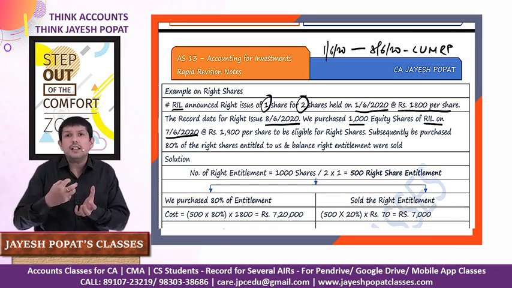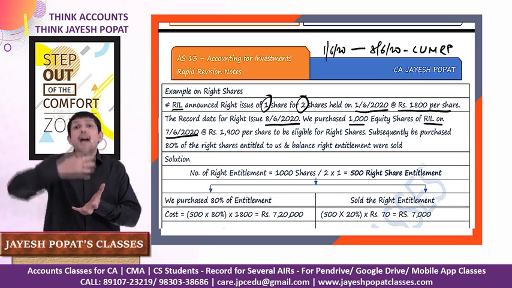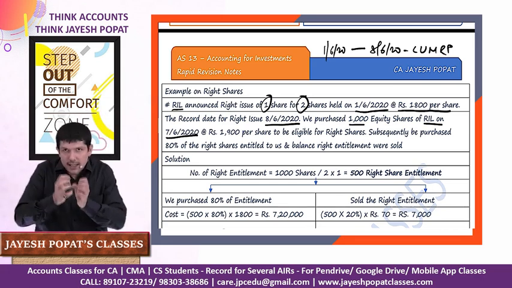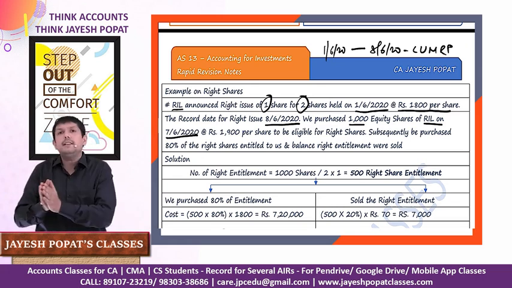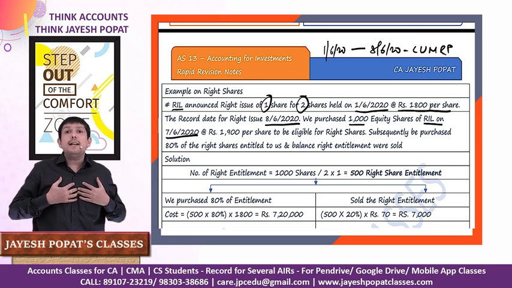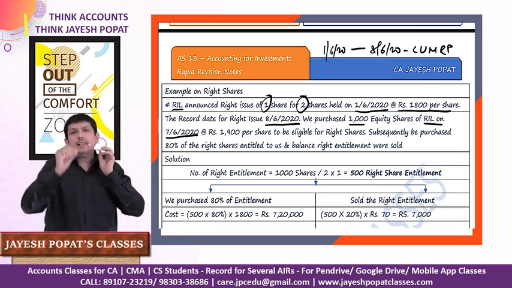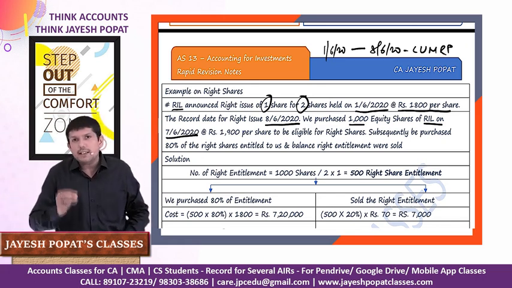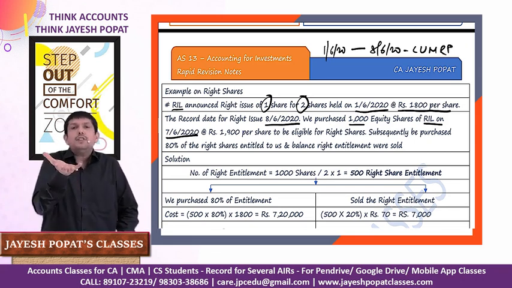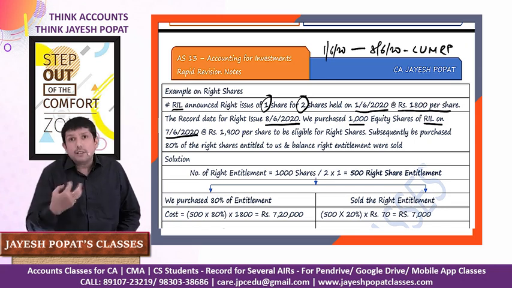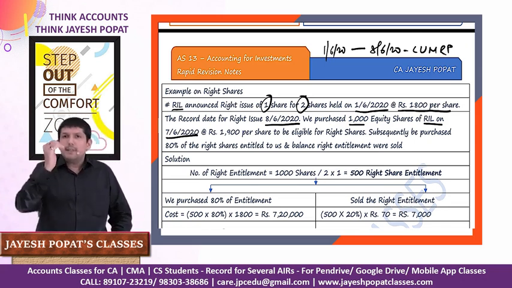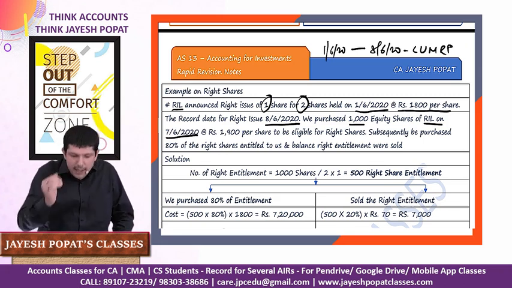The demand for the shares of Reliance Industries Limited will be high during this period, because by virtue of buying these shares in this period and holding them till the record date, which is 8th of June, the holder of the share will be entitled to get right shares, and normally right shares are issued to the existing shareholders at a discount to the market price. So since the demand for the shares will be more, the price of the Reliance shares will increase and they will trade at a premium, and this price will be treated as cum right price.